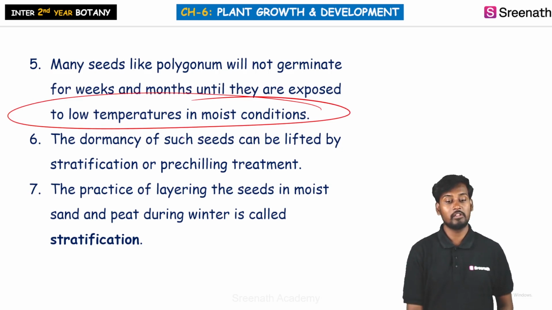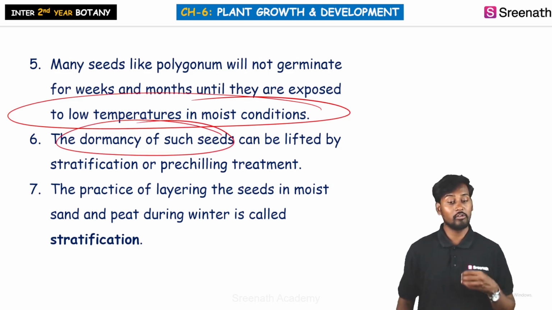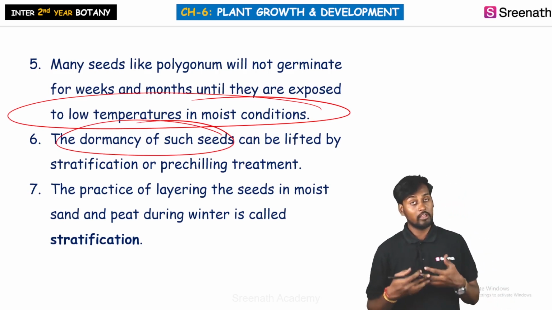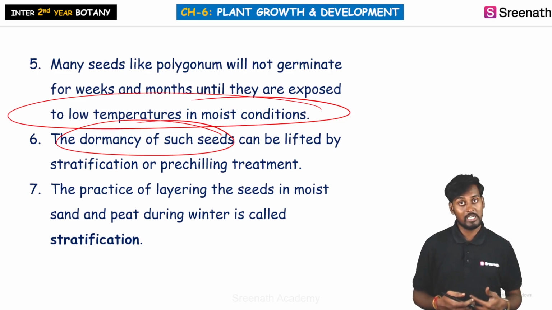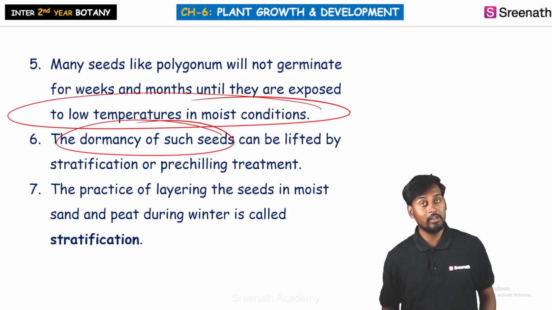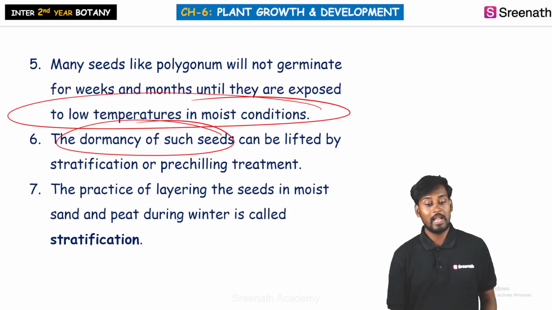We can see that the dormancy of certain seeds can be lifted away by means of stratification, that is exposing them to cold conditions for a certain period of time. That is pre-chilling treatment or stratification, by which we can lift away the dormancy of the seed.